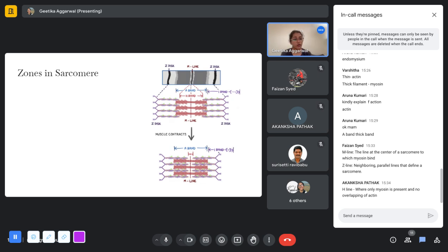H line, where only myosin is present and there is no overlapping actin, correct? And then what is the A band? And what is the I band?